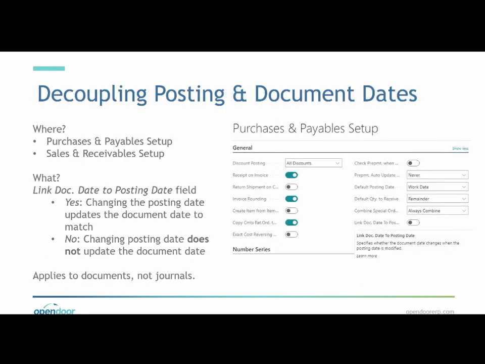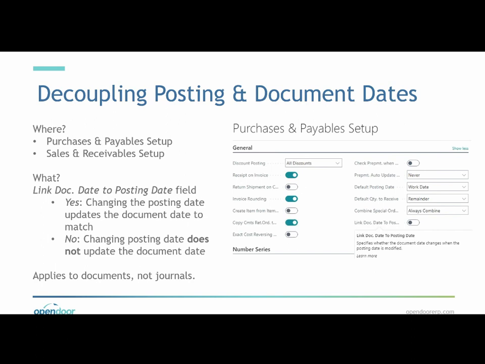You can now decouple posting and document dates. So right now, when you change the posting date on a document, it updates the document date to match, and you have to update the document date manually if you want it to be different. For example, on a vendor invoice, if the vendor has a date on an invoice, but you want to post it at a different date, maybe the period's closed, or maybe you want the date you're actually posting it on.